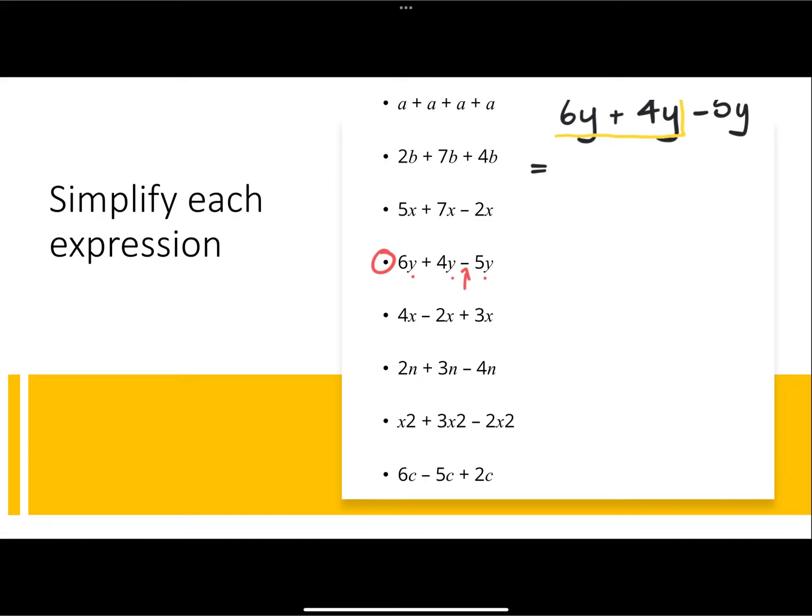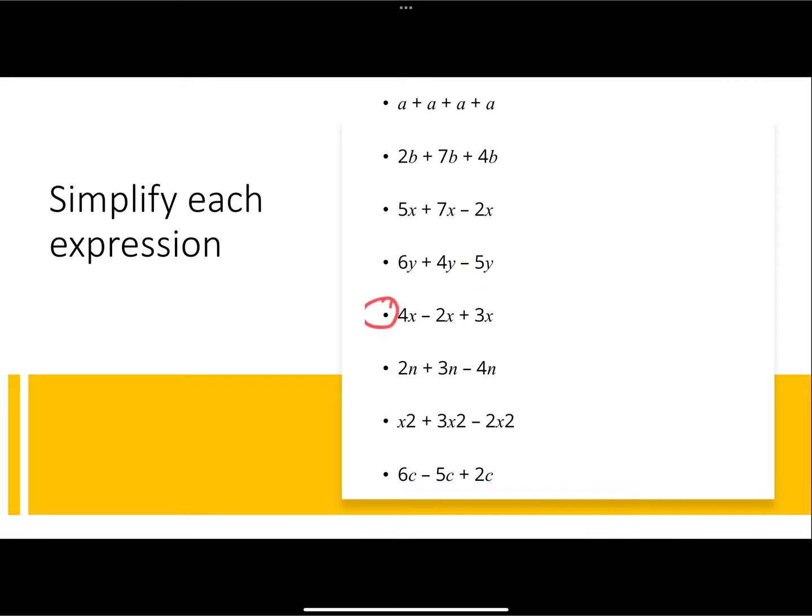So I'll do this part first, and then I'll do this part. So 6y plus 4y is 10y, because our y's are the same. Take 5y. And I know that 10y take 5y is 5y. If you want to, you can actually go through and write out your y's and check it, but I'm pretty confident with this one.